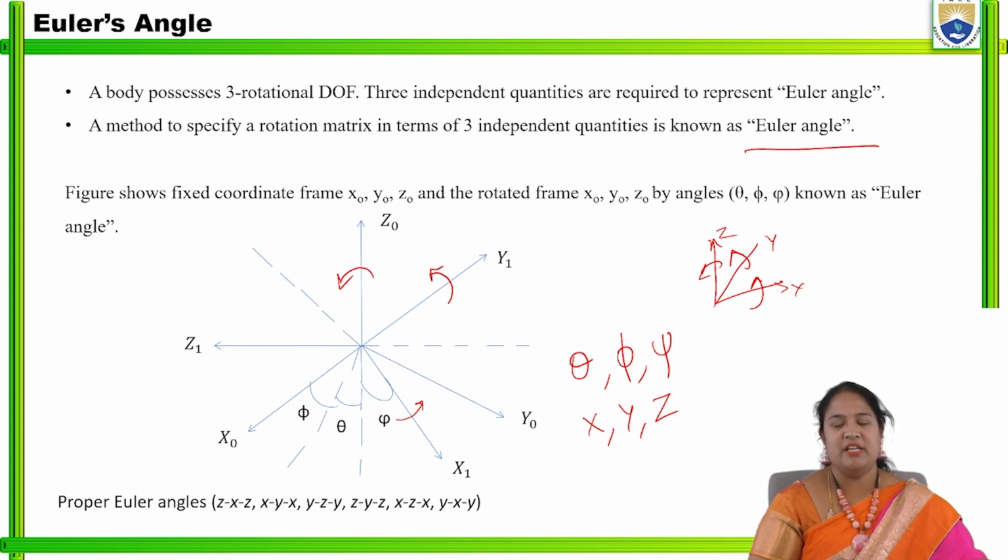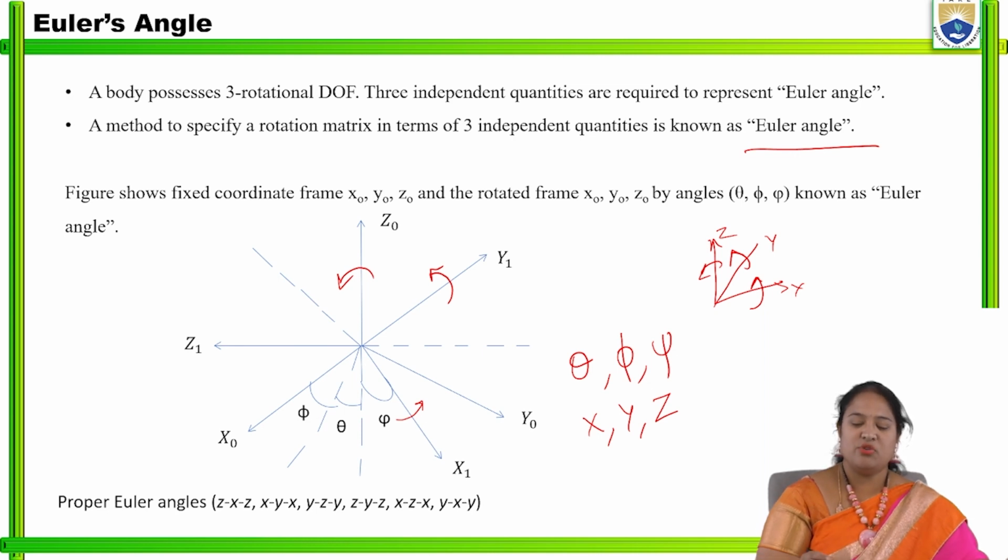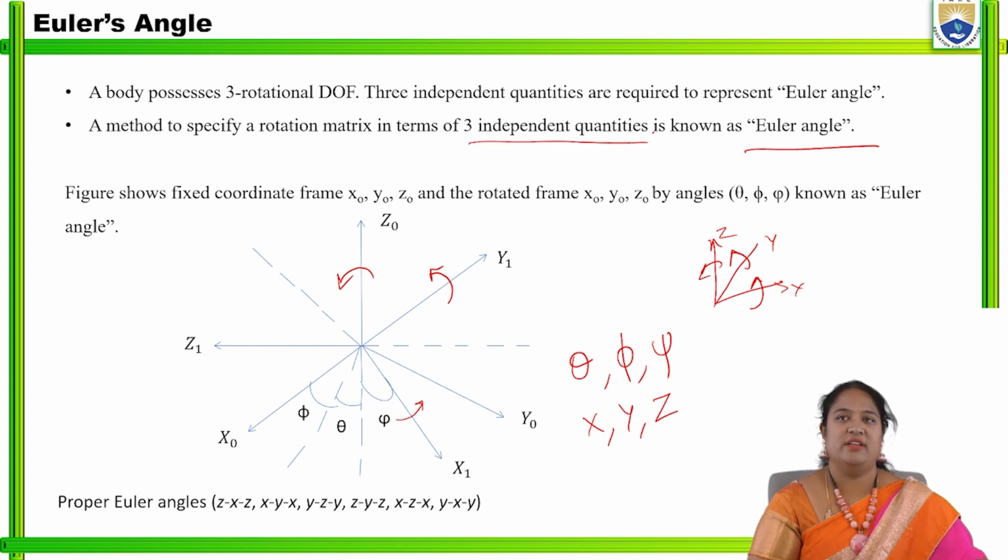It is a method which specifies the rotational matrix in terms of three independent quantities, and that determination is known as the Euler's angle.